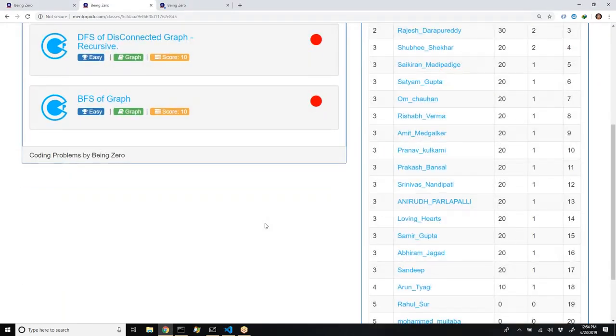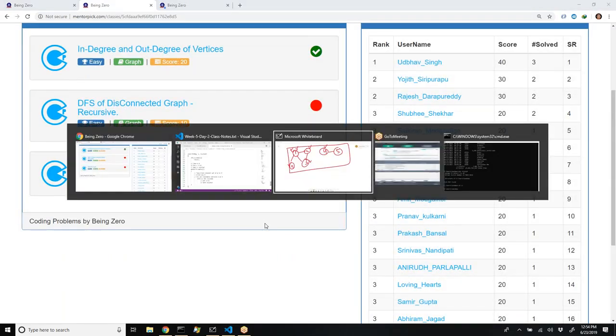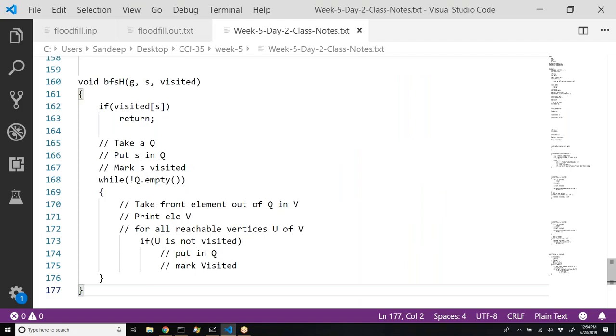Prakash? Can you go to the Visual Studio Code that you written? Yeah, in this line number 165, in every recursion, won't this queue will be overridden? Shouldn't it be a global queue? Good point. This queue will not be overridden ideally if you see.